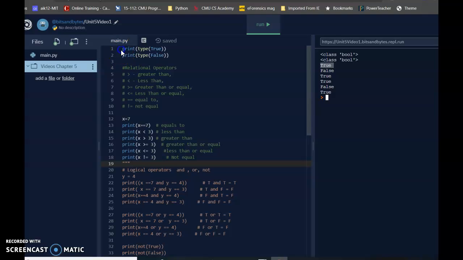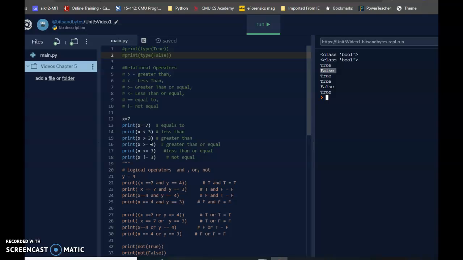I'm going to comment these two lines out on top because I don't need them anymore. I simply put a pound symbol in front of them, and it allows me to comment them out. The next one is x is less than 3, and 7 is not less than 3, so that one produces false. If you look over here to the right, the second one is false. Then we have print x is greater than 3.